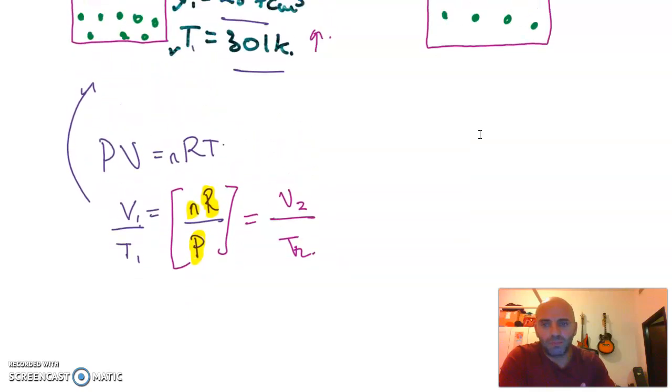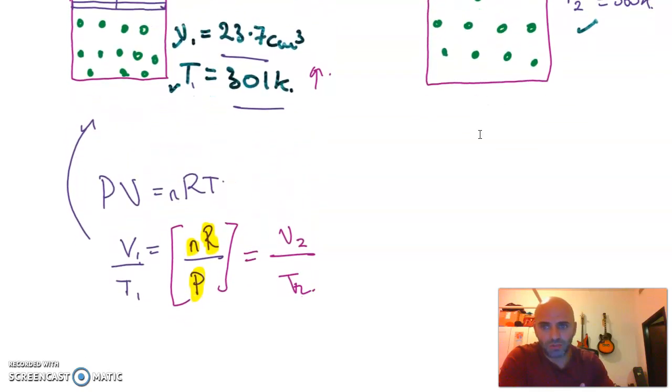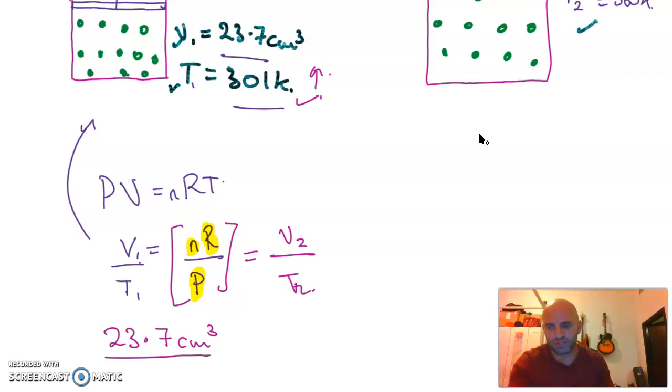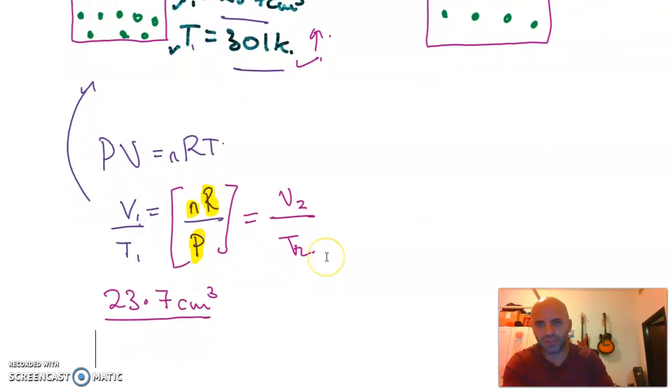So with that, we can substitute in some numbers. And because it's just a ratio, it doesn't really make a difference about the units, so long as the temperature is in Kelvin. Apologies, it does make a difference with the Kelvin, okay? I would not use Celsius because it's totally different.